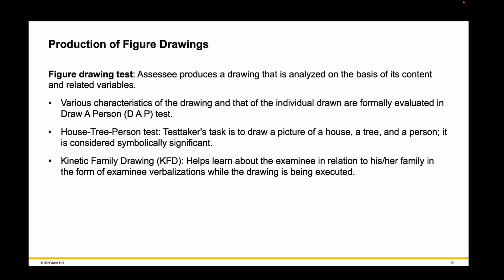And then, of course, we cannot put aside the figure drawings for assessment method. We have the figure drawing test wherein the assessee produces a drawing that is analyzed on the basis of its content and related variables. So the various characteristics of the drawing and the individual drawn are formally evaluated in the draw a person test.